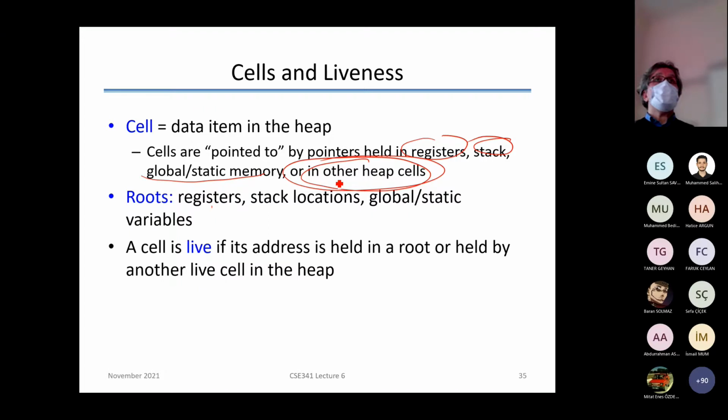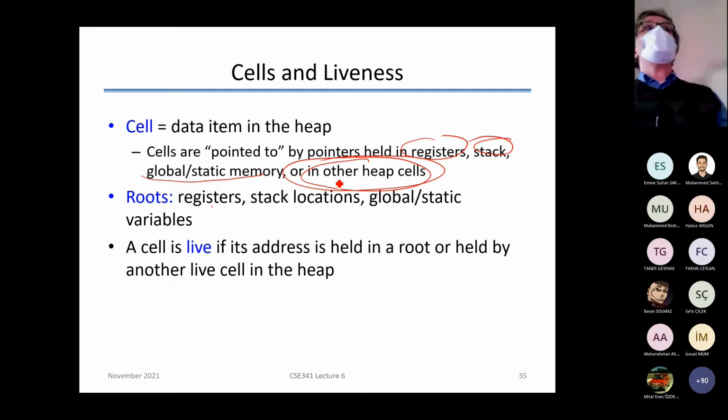And there is a simple definition of a cell being live. A cell is live as long as its address is held in a root, as we defined, or held by another live cell in the heap. Meaning the program at runtime can access this cell.